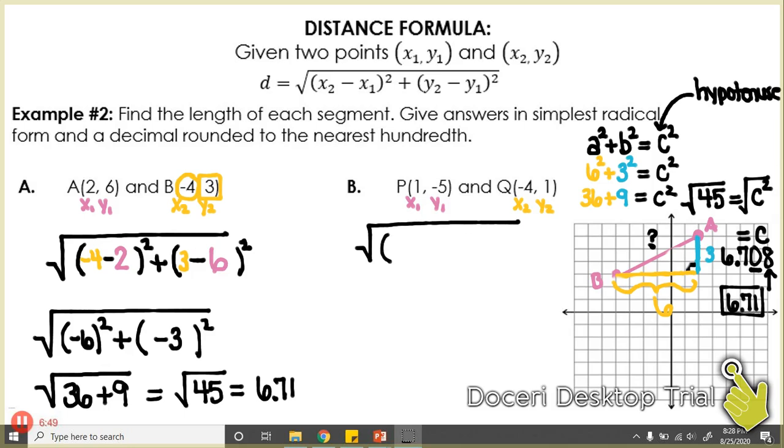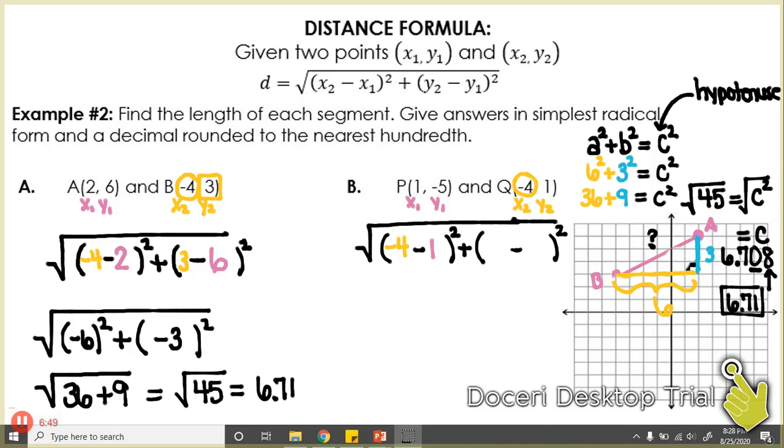And then we always take the difference and square it, plus another difference and square it. And then we can start filling in what we know. So my first one is always the difference of my x values. So I take x2, which is -4, minus x1, which happens to be 1.